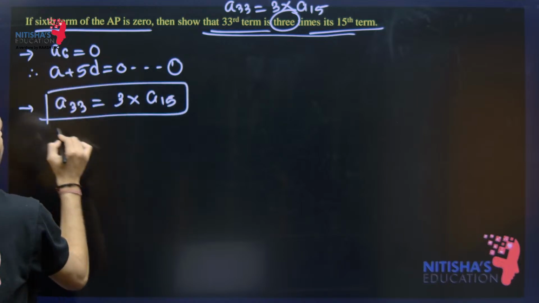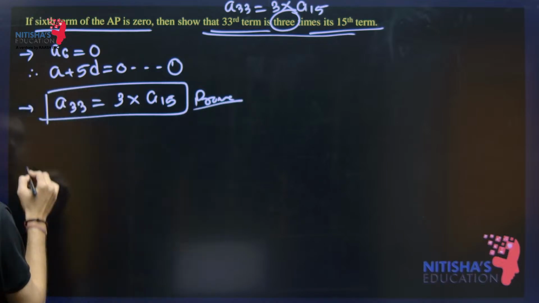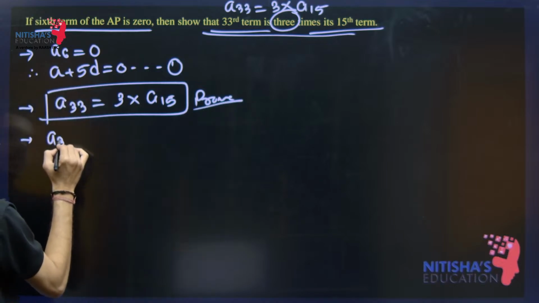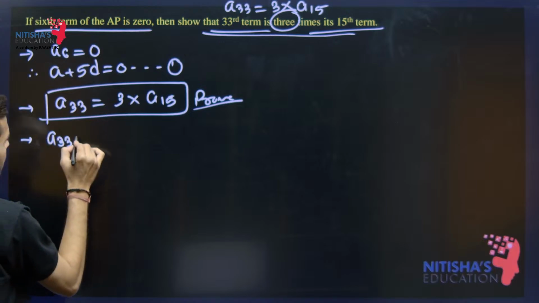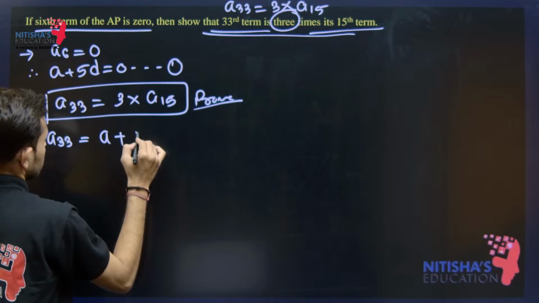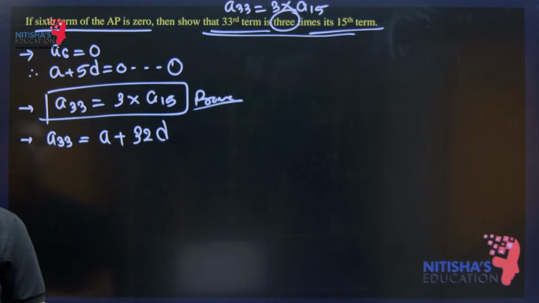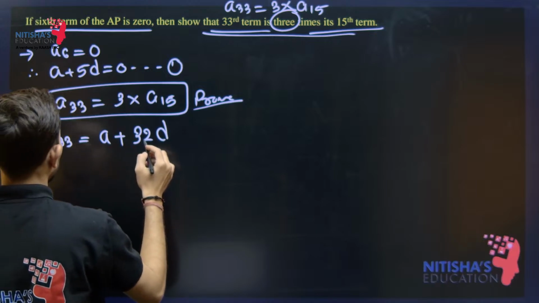This we need to prove. Now find out A33. So A33 is equal to A plus 32D.